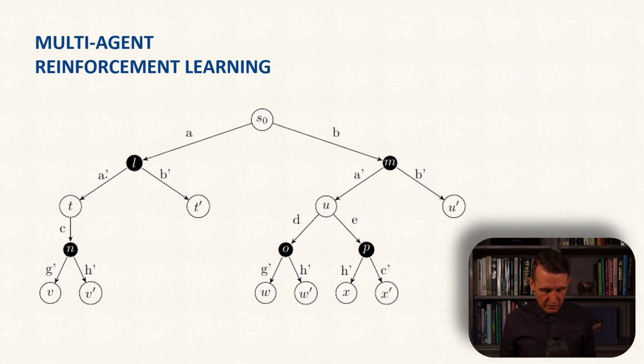In this case, the actions with the primes on them refer to the actions that are available to an opponent in a two-player game. So here, action A is chosen by our agent, coming to a new state called L. The dark states refer to the states where one of our opponents has a choice.